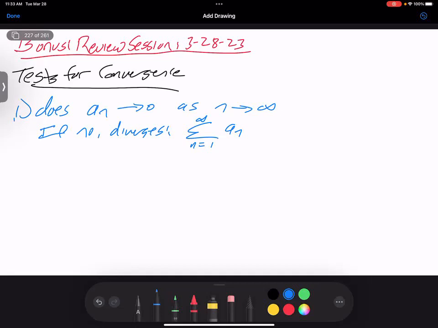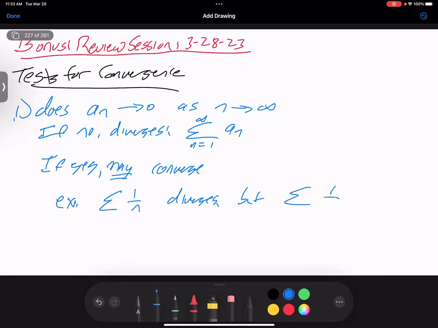Now, if yes, it may converge. So for example, the sum of 1 over n diverges, but the sum of 1 over n squared converges.